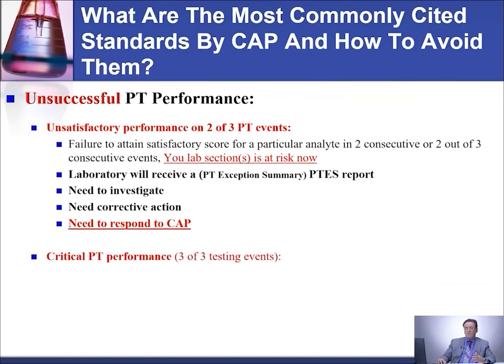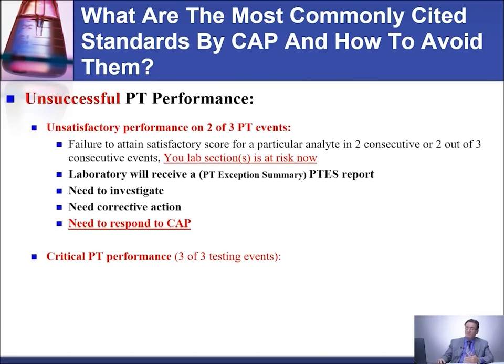If you get an unacceptable result for the same analyte twice in a row, 2 consecutive times, then CAP will send you another PTES notice, and they tell you you need to investigate the issue, and send us a copy of the investigation and keep a copy in your file.